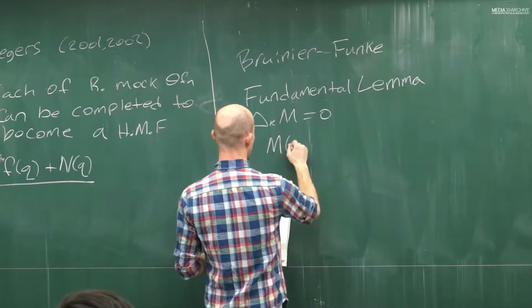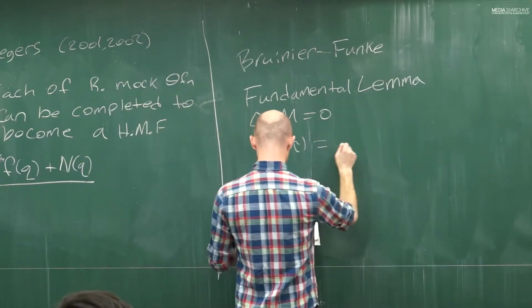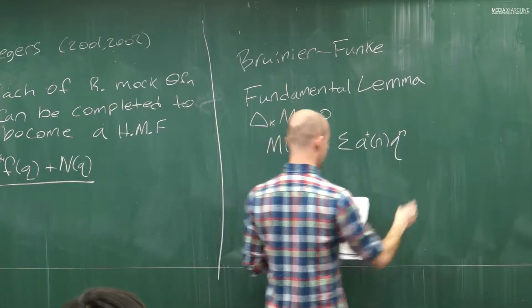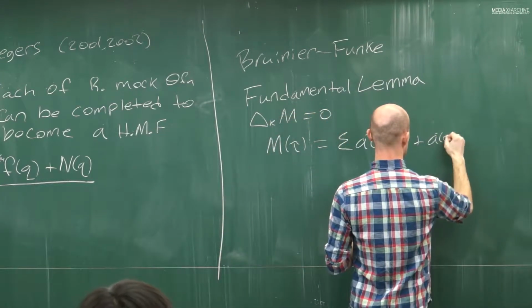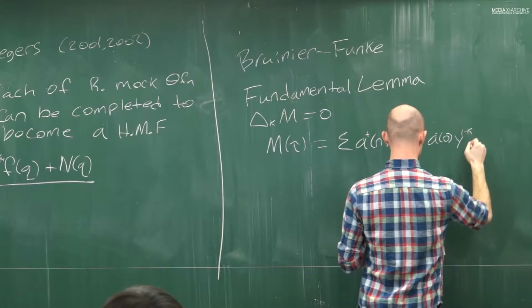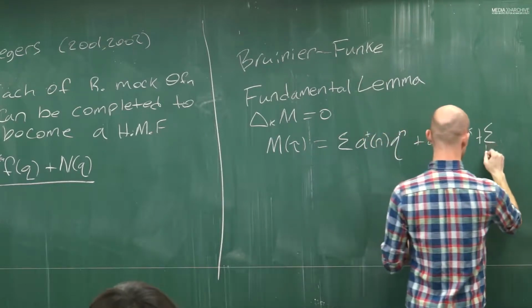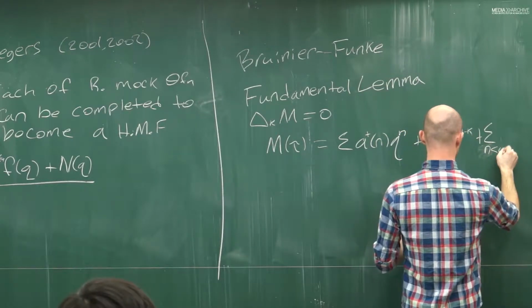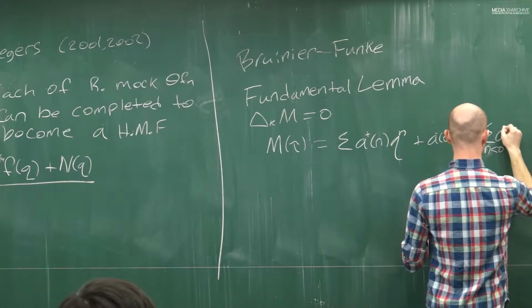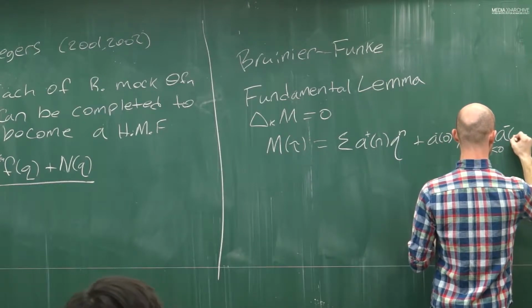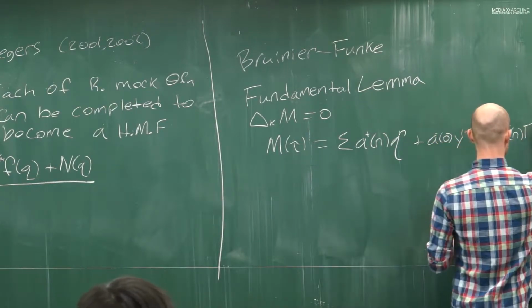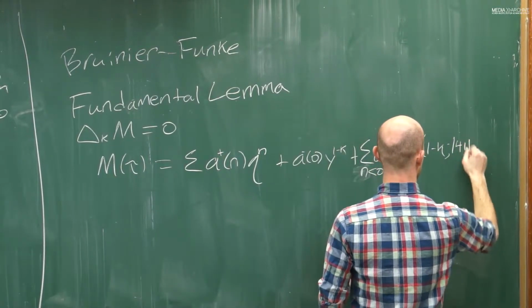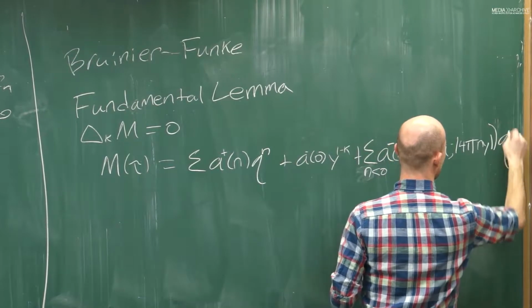Okay, so if I have a harmonic Maass form m of tau, I can write this as a sum a plus of n q to the n, plus a minus of 0 y to the 1 minus k, plus a sum, let me just write that in there for the moment, a minus of n gamma of 1 minus k, absolute value of 4 pi n y, q to the minus n.